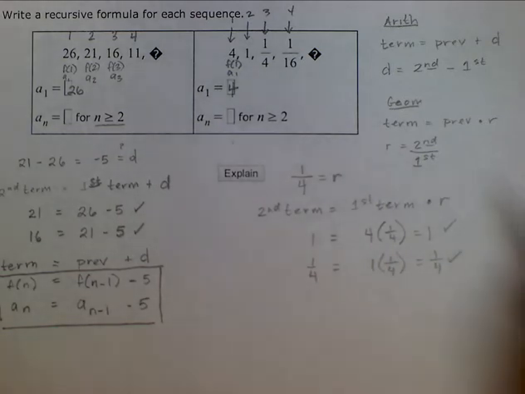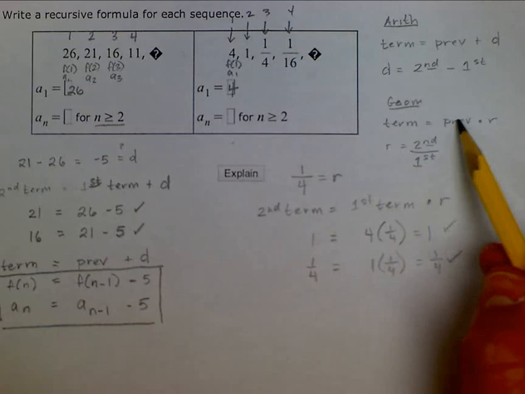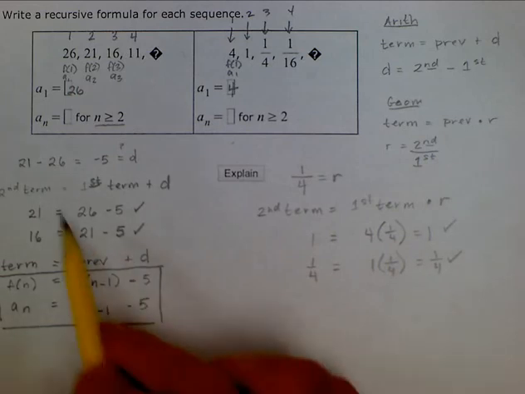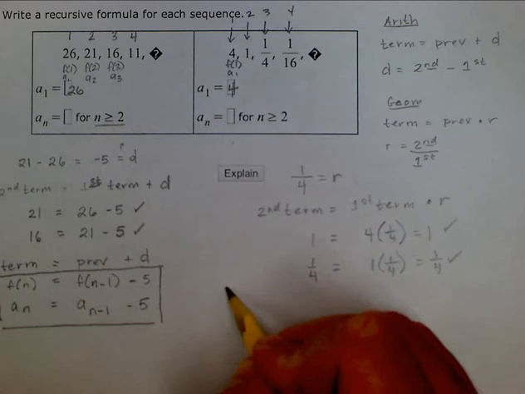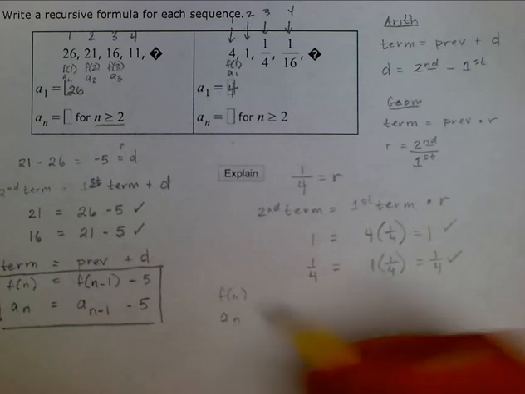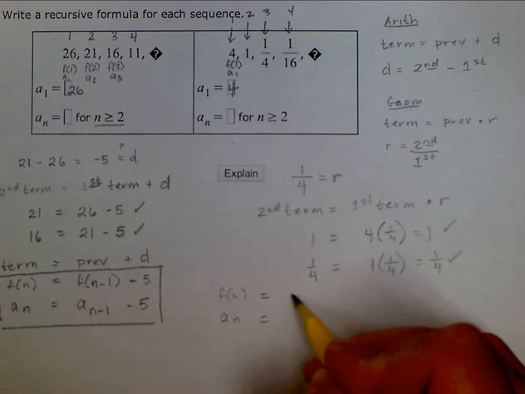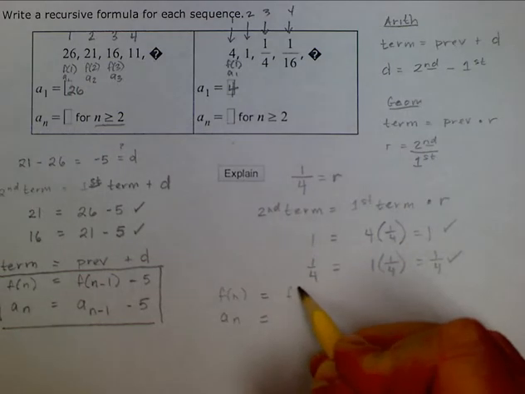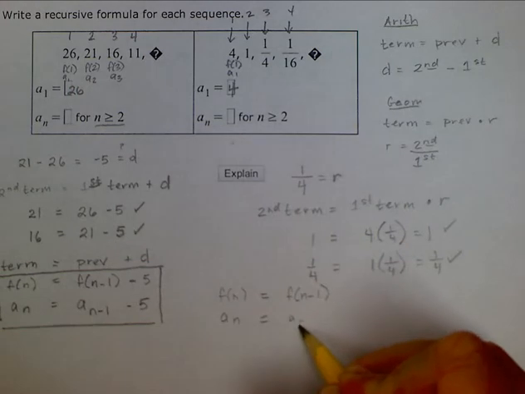We know for our geometric series, any term we're interested in is equal to the previous term times the common ratio, real similar to our arithmetic. So the term itself can be expressed as either a function of n or a subscript n. And then our previous term, the same as before, f of n minus 1 or a subscript n minus 1.